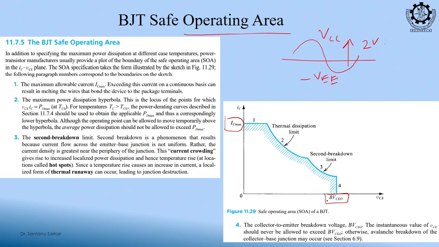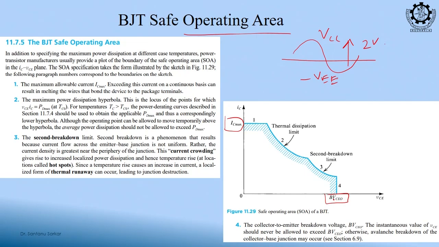If you check the data sheet of any transistor in the laboratory, whatever you are using, or if you ask Google for the data sheet of that particular BJT, you will see that all these specifications will be mentioned. What is the maximum current IC, what is the breakdown voltage.